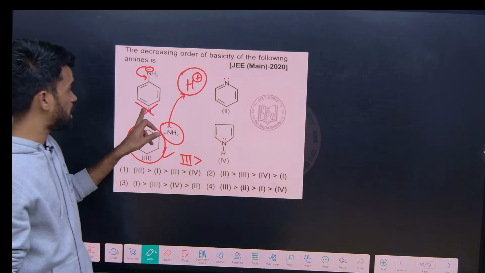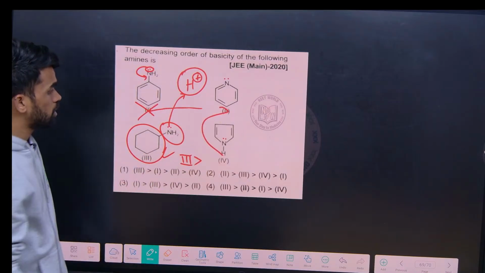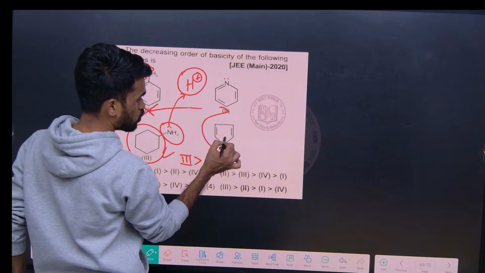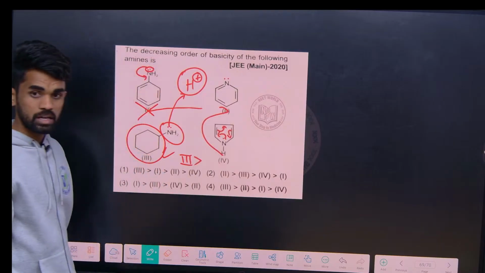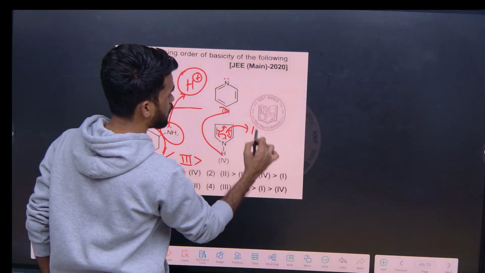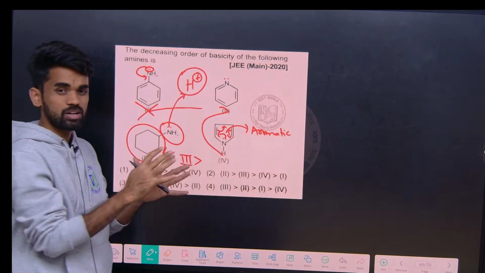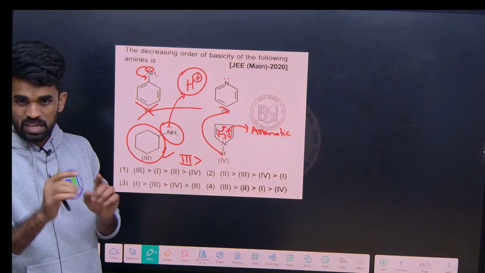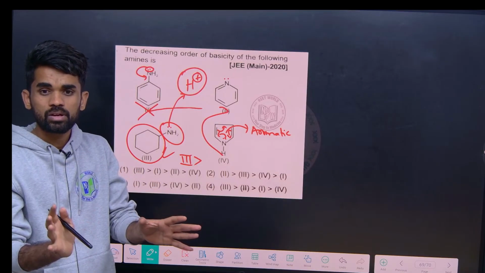Now you need to compare 1 to 4. Between 1 and 4, the lone pair electrons of this pyrrole are in conjugation with the pi electrons of the ring, which is responsible for the aromatic nature. For aromatic nature, the lone pair electrons are in full conjugation. If they are in full conjugation, they are very less available to accept a proton.